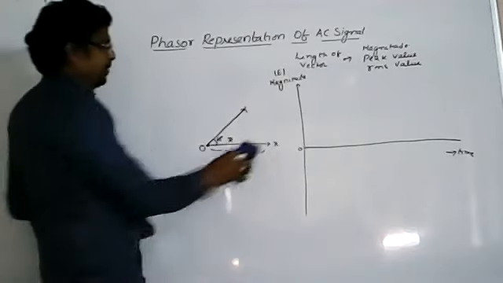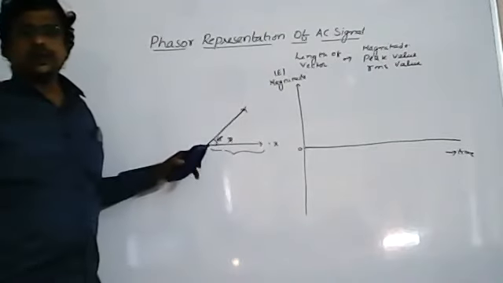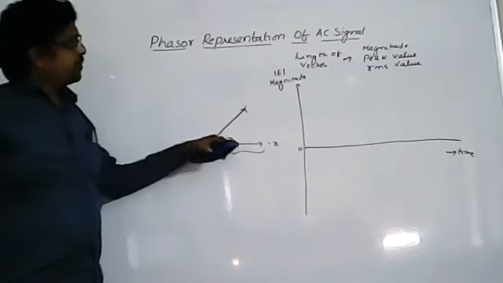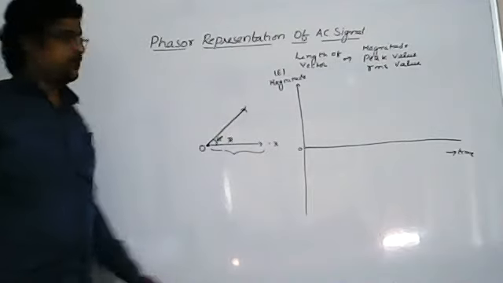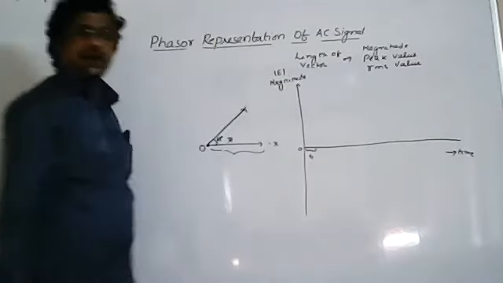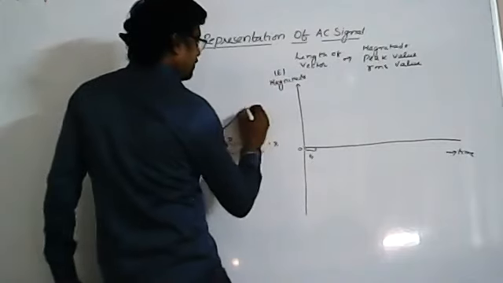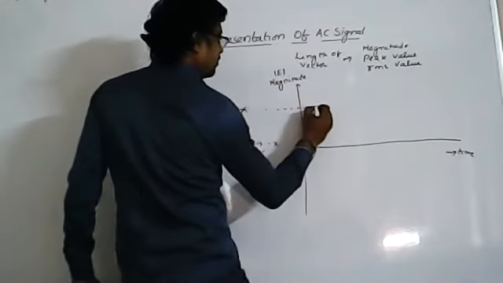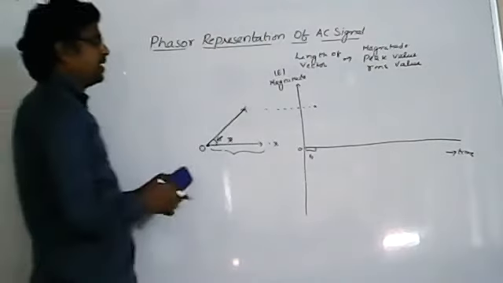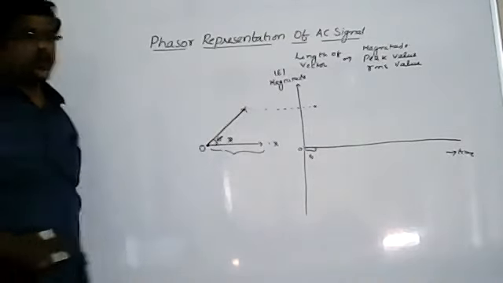I have rotated the vector by 45 degrees for a time of t1 seconds. After t1 seconds, from the initial point, the vector has rotated through an angle of 45 degrees. Let us say this is the magnitude, because this length represents the magnitude.